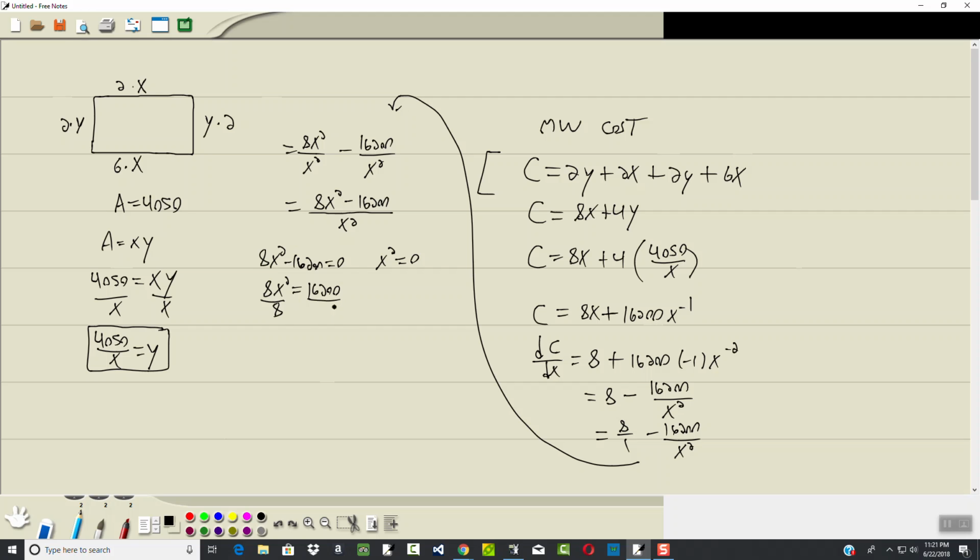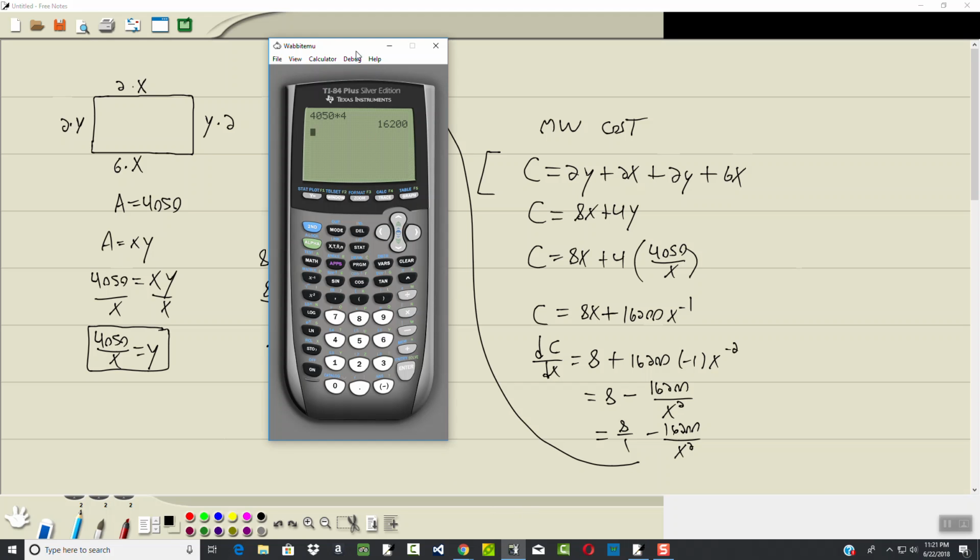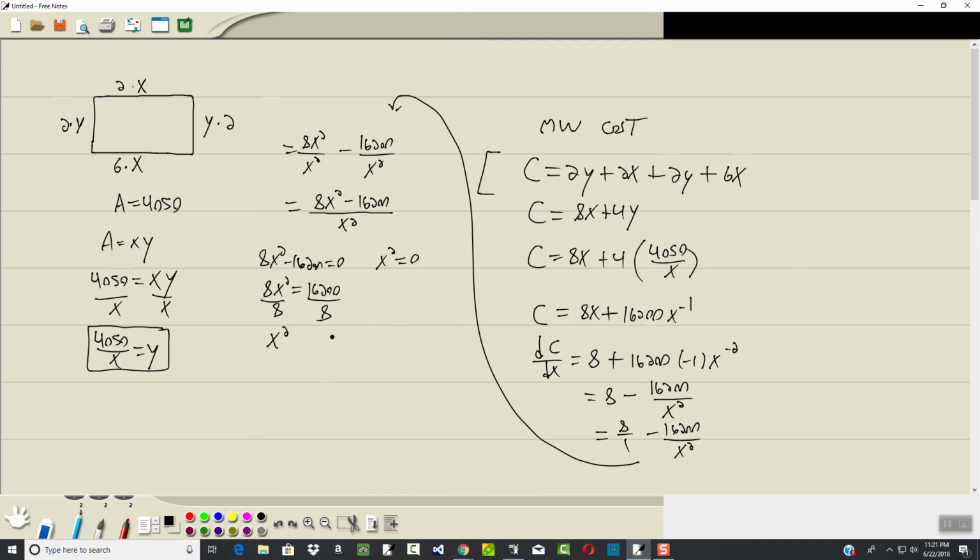Now this one I'm going to solve, so I'll take the negative 16,200 over, it becomes a positive 16,200. Divide both sides by 8. 16,200 divided by 8 is 2025. Now the square root property says we drop our squared, we put a plus or minus square root on the other side.